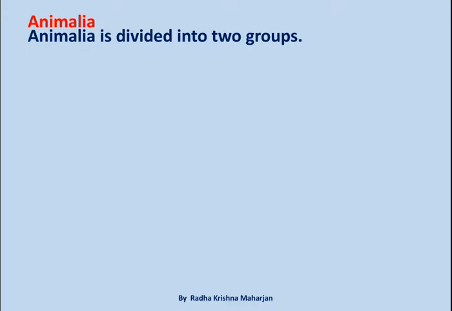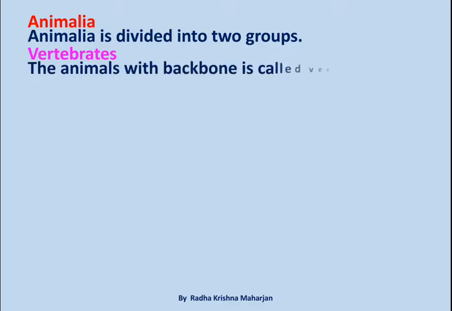Animalia. Animalia is divided into two groups: vertebrates, the animals with backbone, is called vertebrates.